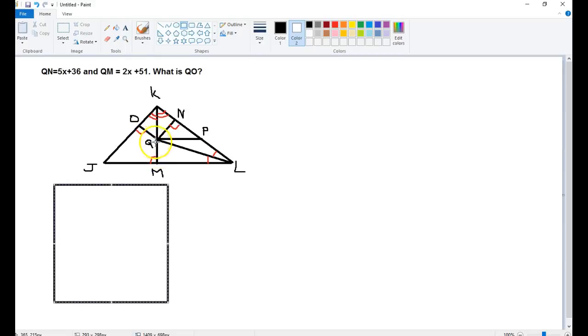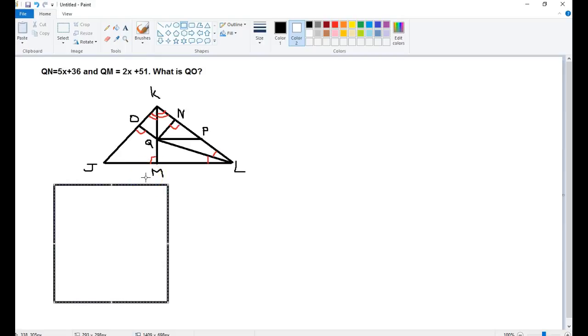And then I noticed that QO, QN, and QM are all perpendicular to the different sides of the triangle. Since these are perpendicular and we have angle bisectors, QO, QN, and QM are equidistant to the different sides, and they're all going to be equal.